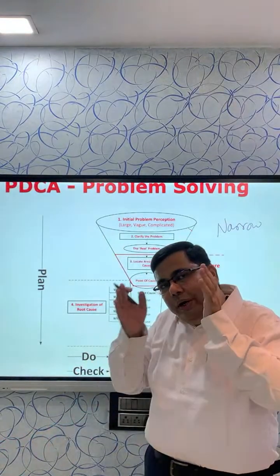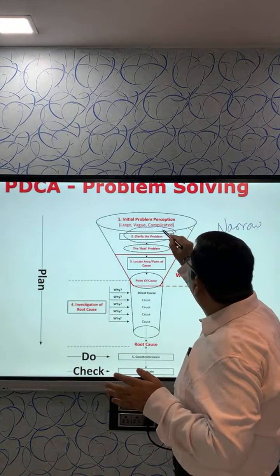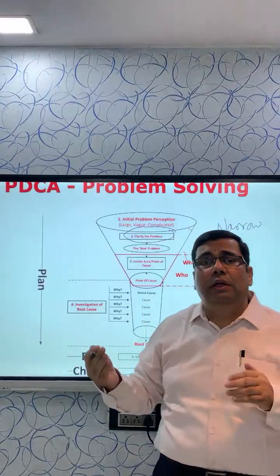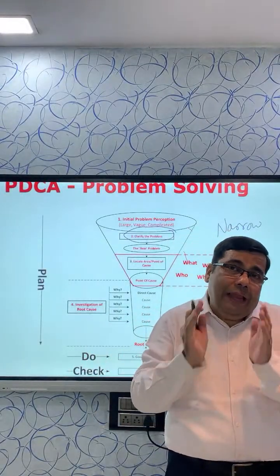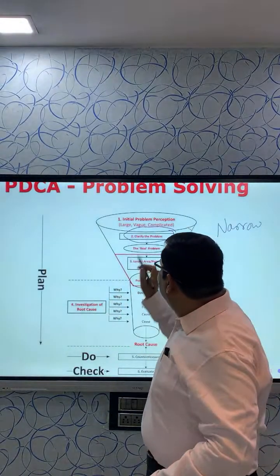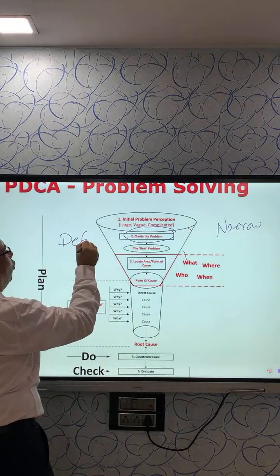So you need to understand what the expectation is. Clarifying the problem is a very important thing. Once you get the complaint or the deviation, understanding the problem is very important, and that is called defining the problem. Define exactly what the problem is.